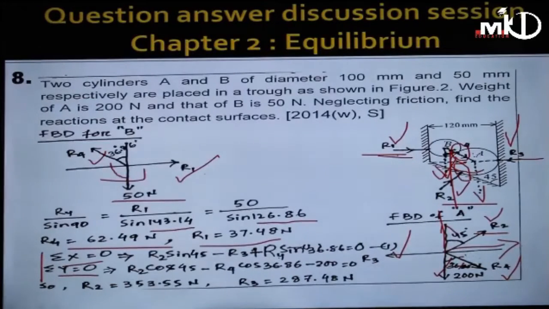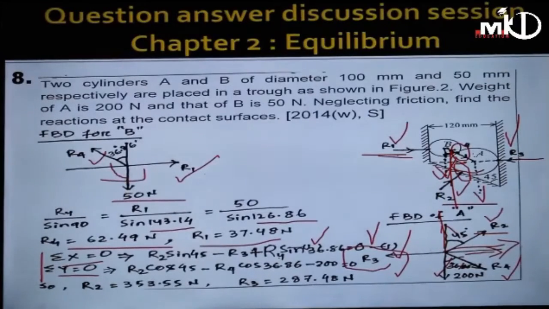So R4 sin 36.86 is plus. And this is R3 which is towards negative x, that's why minus. So R2 sin 45 minus R3 plus R4 sin 36.86 equal to 0, that is equation 1.